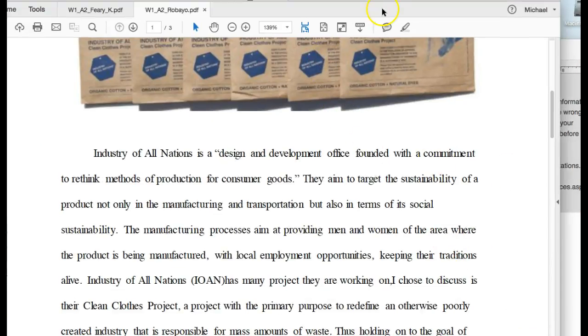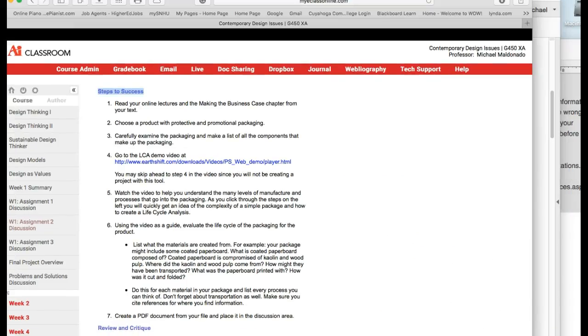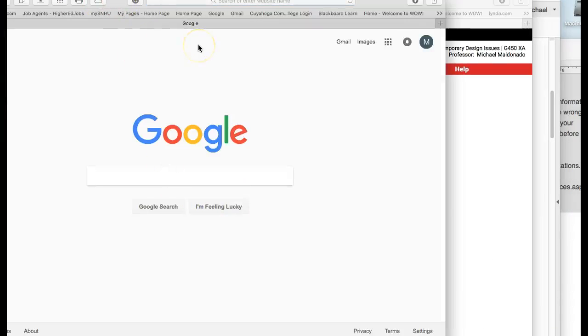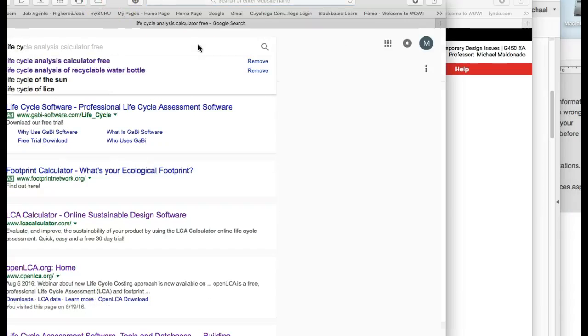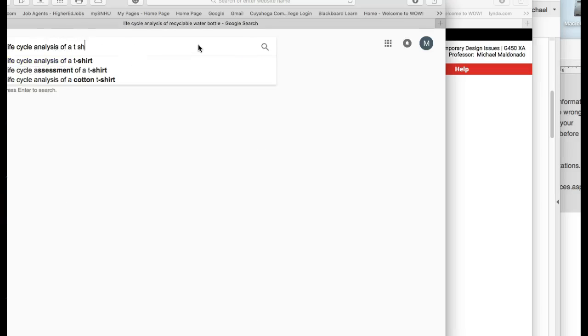Let me just say, I would go something like this, life cycle of a cotton t-shirt.